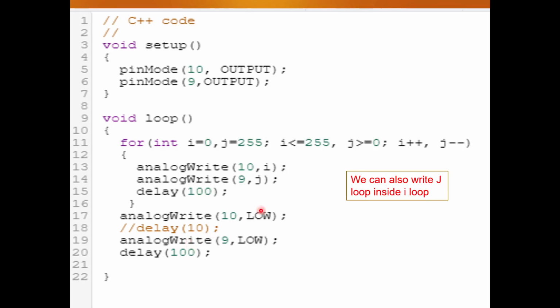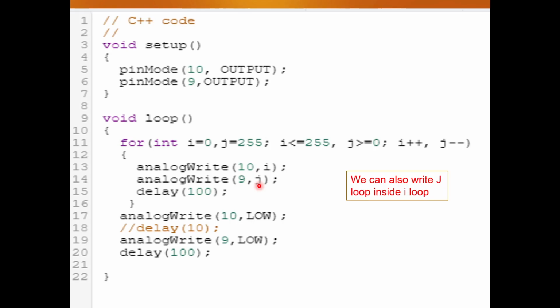One more way is we can write using a J loop. If you remember, in the last code, instead of J, I wrote 255 minus i, or you can write it this way.